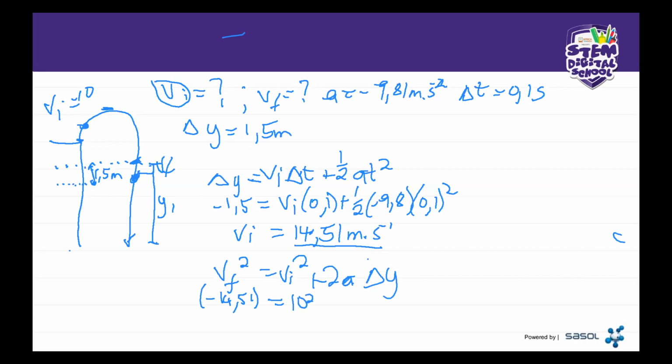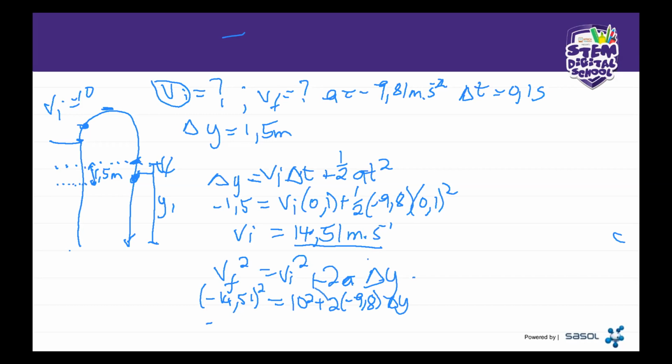Okay, is equal to 10 plus 2 times minus 9.8 times the triangle y. Okay. I forgot to put a square there. So you bring this to the other side.